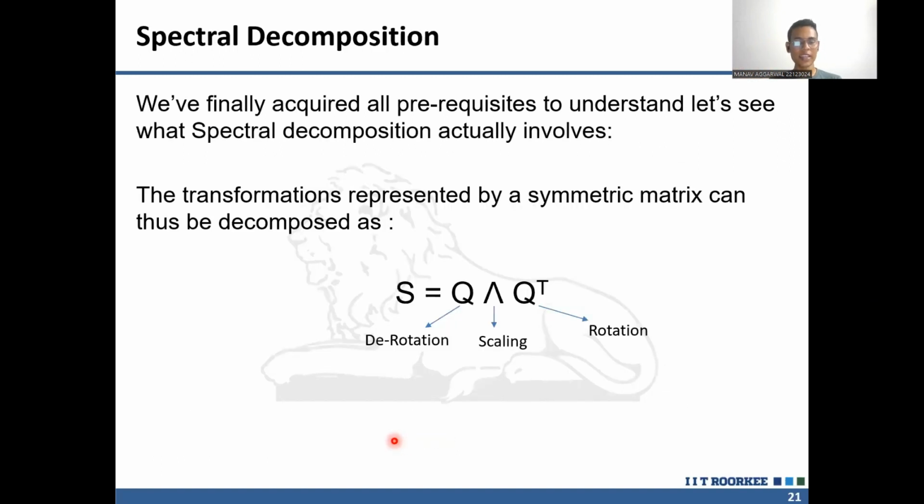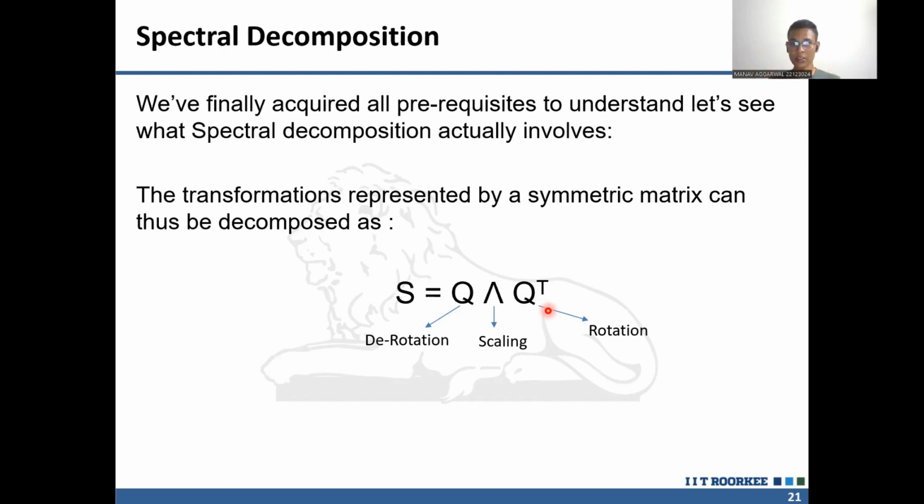Let's talk about spectral decomposition. We've finally acquired all the prerequisites to understand what spectral decomposition actually involves. The transformations represented by a symmetric matrix can thus be decomposed as S equal to Q lambda Q transpose. Q transpose serves as a rotation transformation from the original eigenbasis to the standard basis.